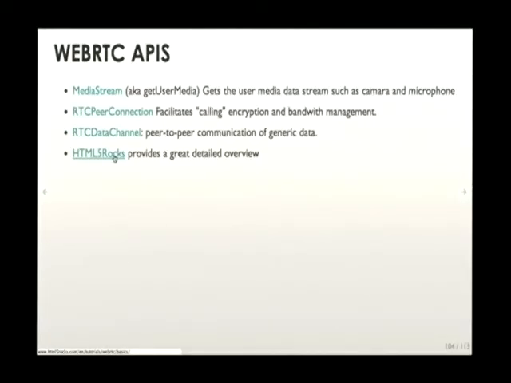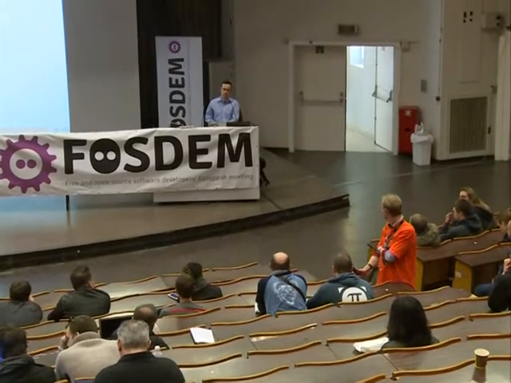Hi, I have a simple question. Is there any hope of all this working well with proxies? Because at home it's all open, but at work, well. Yeah, good question. So with WebRTC, essentially you have to write a relay server.